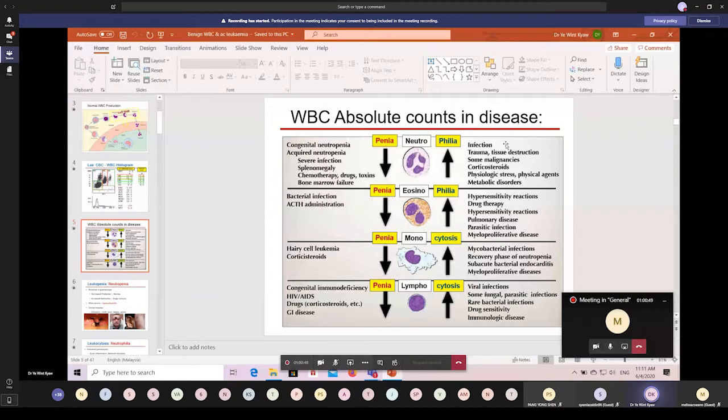You need to know the exceptions for MCQ points. They are not included here, but you should know the exceptions: Salmonella typhi and tuberculosis cause an increase in lymphocyte count, not neutrophil. Even though they are bacteria. Normally bacterial infection causes an increase in neutrophil count, but these are exceptions.